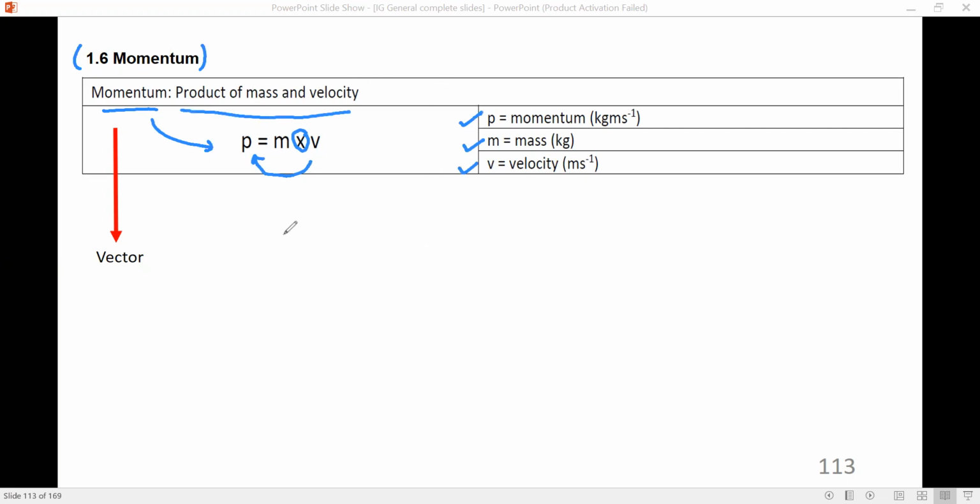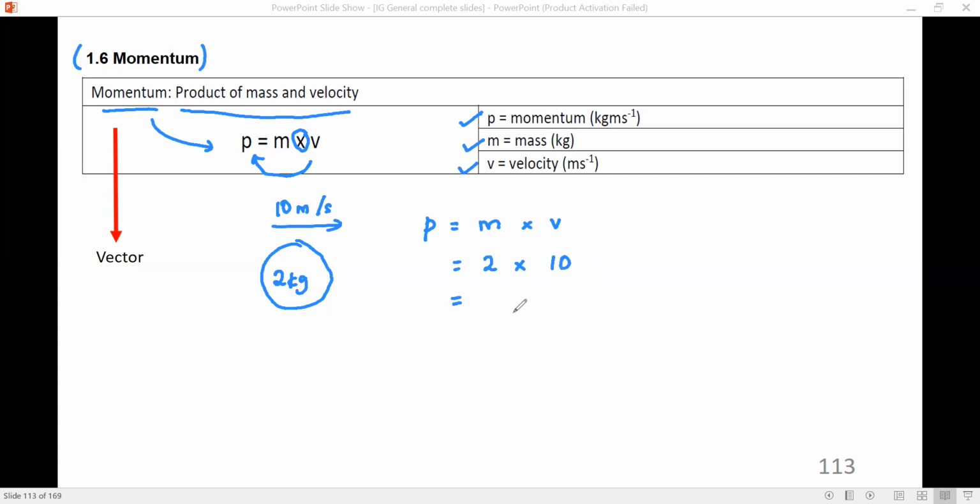Okay, so let's say we have an object. This object is 2 kg and it is moving at 10 meter per second. If we were to calculate the momentum of this object, we have to use the formula P equals M times V. So momentum is mass times velocity, where the mass is 2 kg and the velocity is 10.